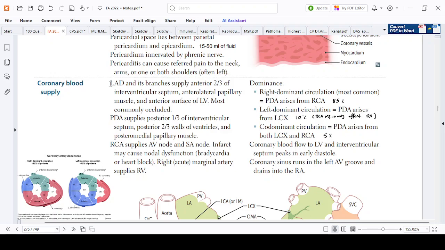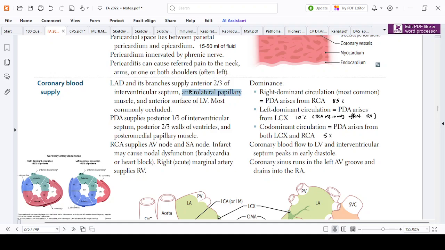Now, we have two papillary muscles: anterolateral and posteromedial. The anterolateral papillary muscle, as the name indicates, is on the anterior wall and the lateral wall. So it is supplied by the LAD and circumflex. So there is dual blood supply to the anterolateral papillary muscle.